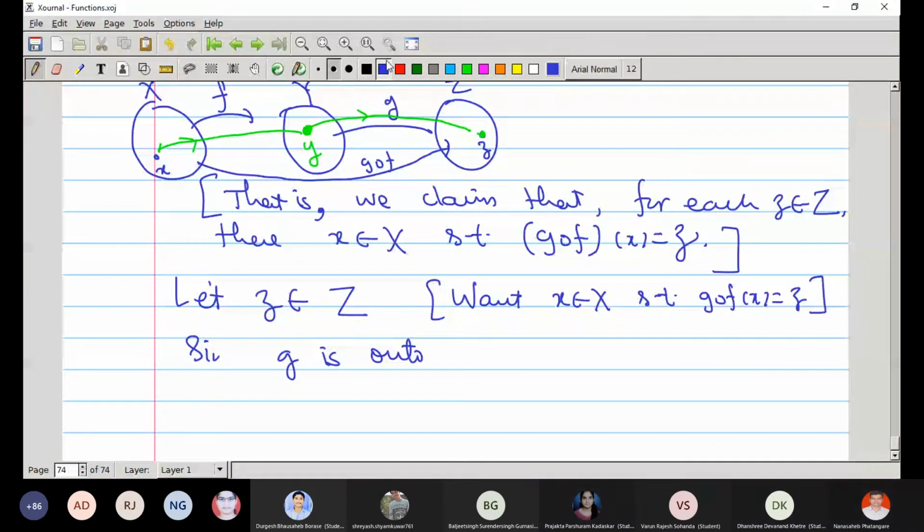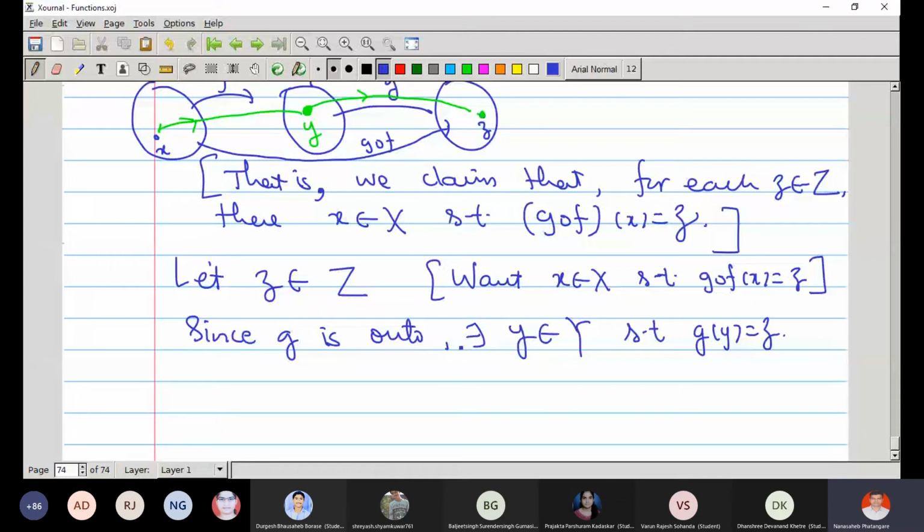Yes. Since g is onto, there exists y in the domain of g such that g of y is z. This is what I was saying: take simple jumps so that we can make a big jump.